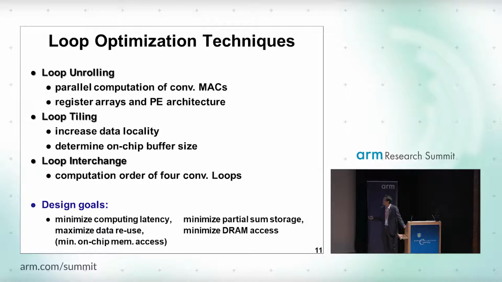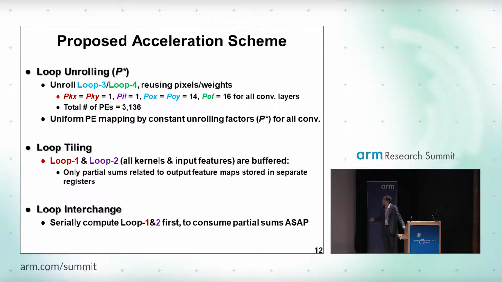Loop tiling refers to dividing the entire data into blocks that can fit in the on-chip SRAMs. And this relates to the data locality, determining the on-chip buffer size. And finally, the loop interchange represents the order in which we are going to compute these four different convolution loops that I defined in the previous slide.